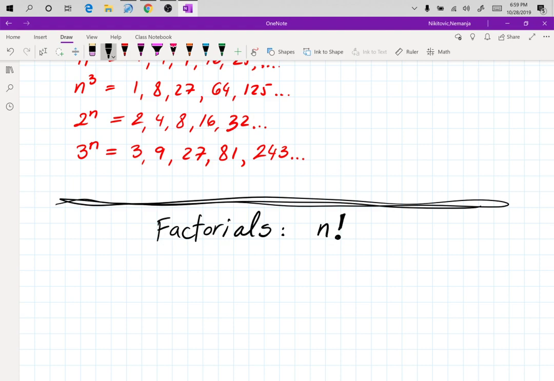It's a notation. Just mathematical notation, so nothing to be excited about. Definition for a factorial is that n factorial is equal to 1 times 2 times 3 times ... times n minus 1 times n.